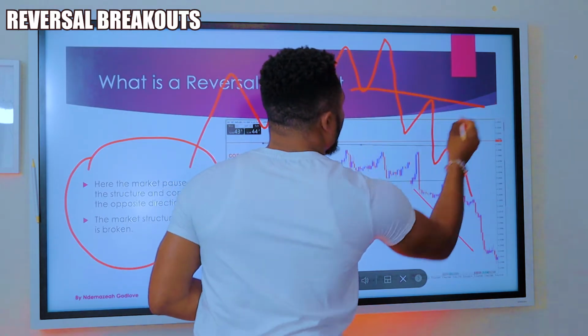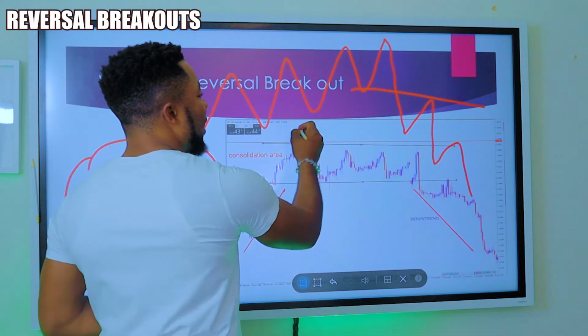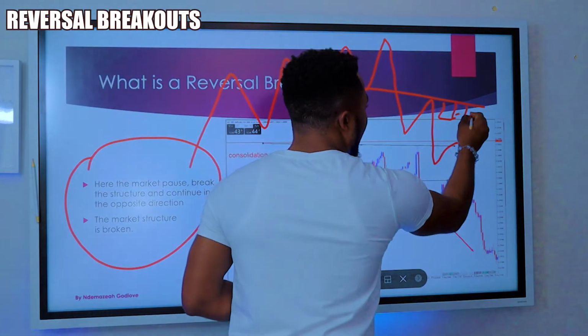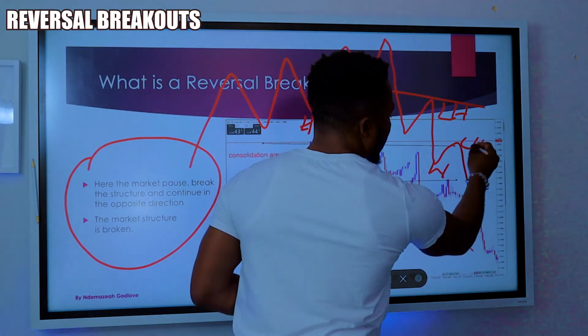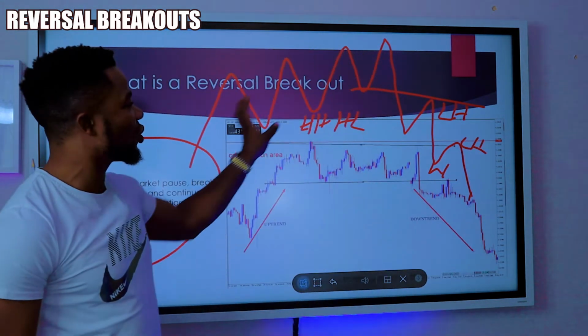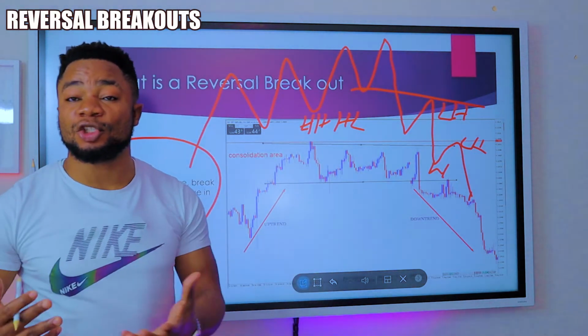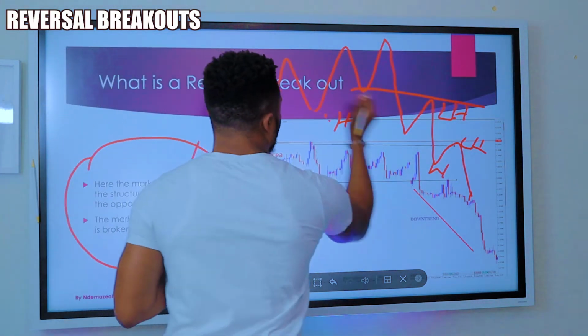You can see the structure was broken. Instead of the market making higher highs, higher lows, here the market started making lower highs, lower lows, lower highs, lower lows. So the structure was completely broken, as opposed to the previous one where the structure was not broken.